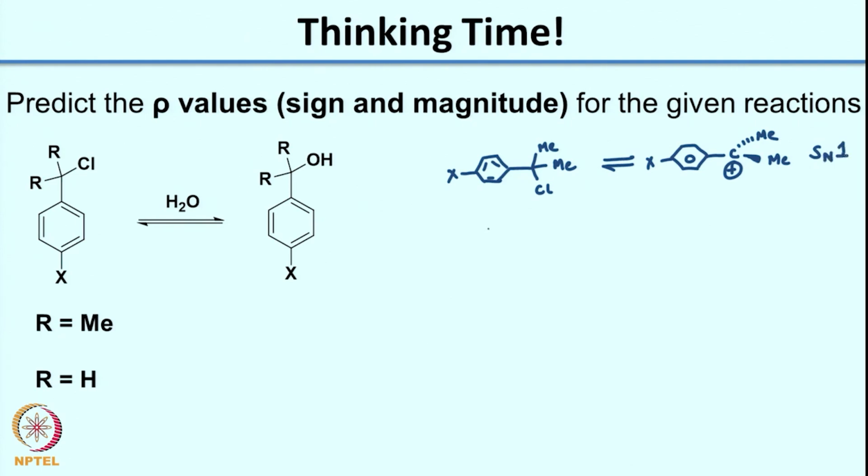In the other case, since you have two hydrogens here, there is a good likelihood that the reaction will go by an SN2 mechanism to give you the product.